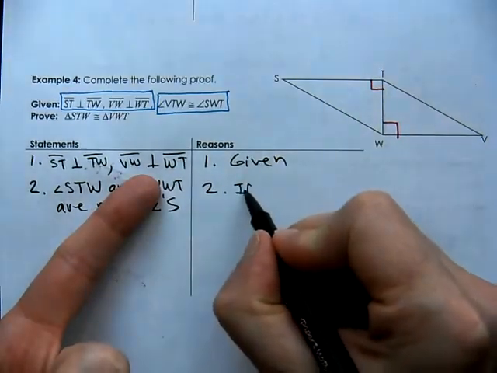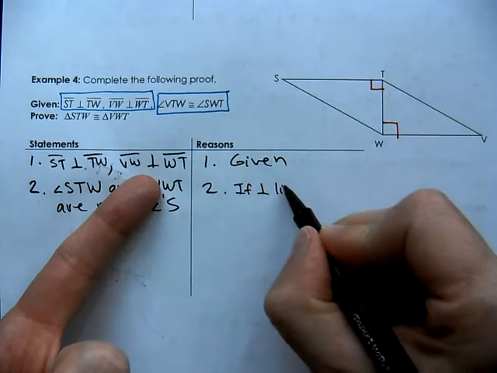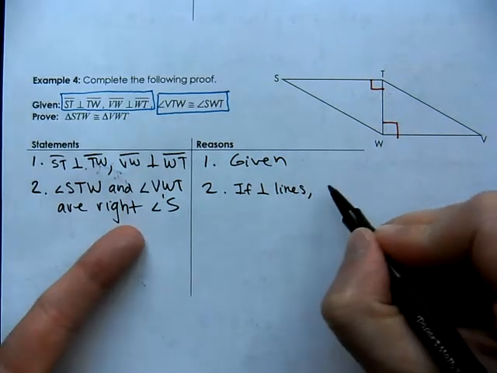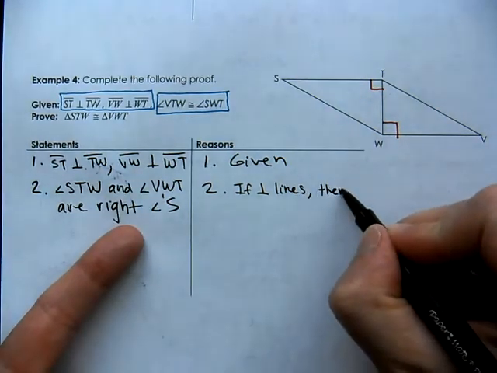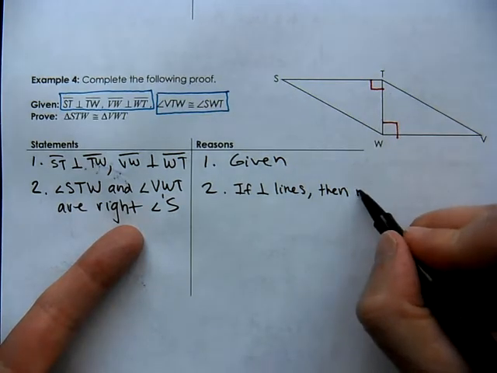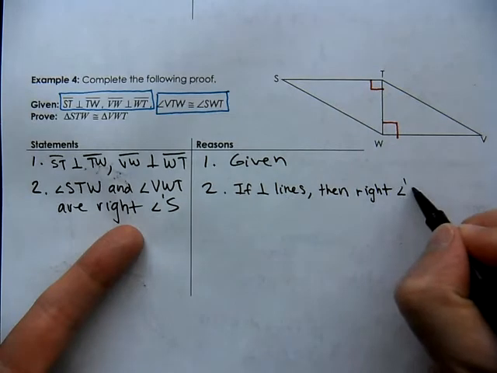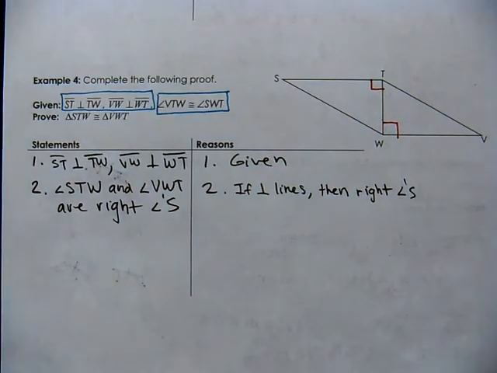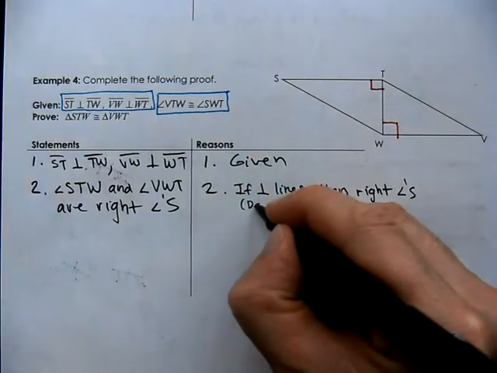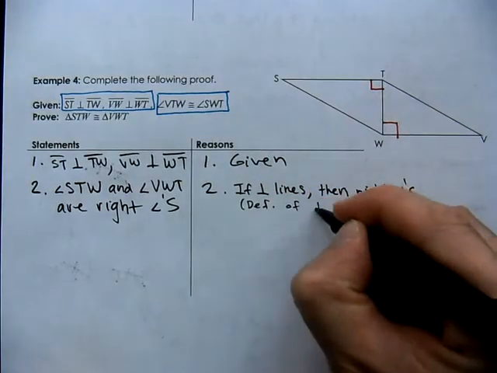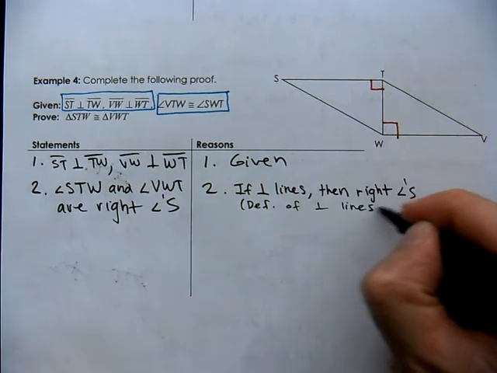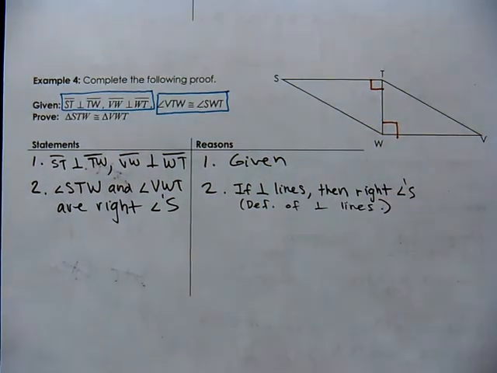If perpendicular lines, then right angles. And what we're saying here is that they form right angles. That's your definition of perpendicular lines, and you could use that too if you wanted.